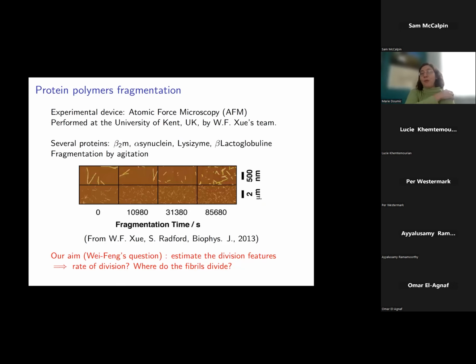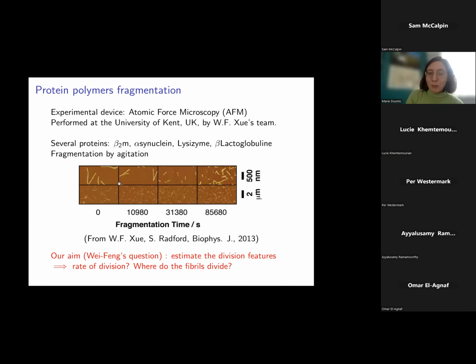So first, fragmentation. This experiment was carried out by Weifeng Zhu at the University of Canterbury, who agitated amyloid fibrils. You see from left to right what happens over the time course of the experiment. Here you are in vitro. There are only fibrils at the beginning, so no interaction with monomers, for instance.